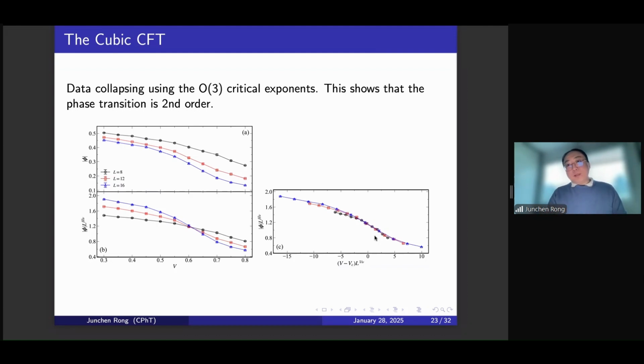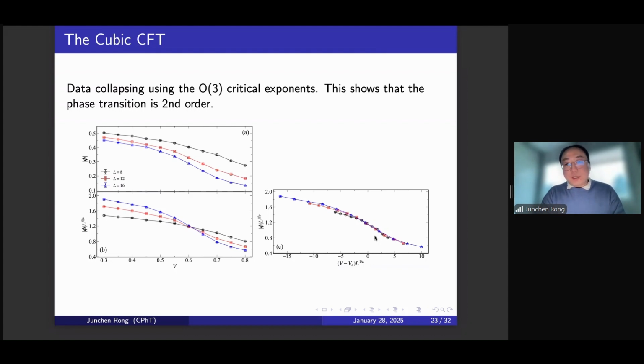As you change the parameter, maybe another state goes down. So instead of being in the CFT state, you could suddenly jump from the CFT state to some other state, which is a first order phase transition from CFT to some other stuff. All these things can happen. So you have to do a simulation to actually confirm that this is what you are getting.